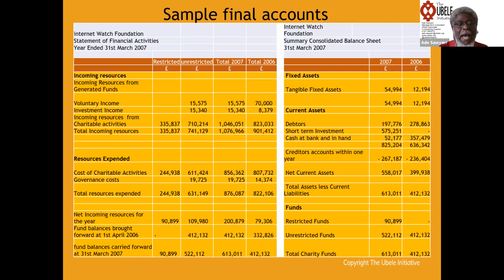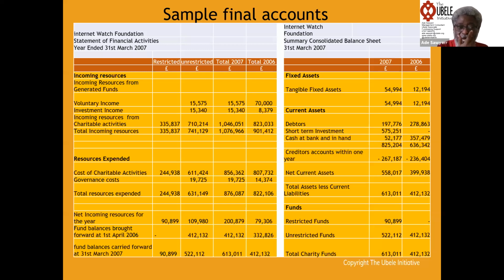Fabricio has said that you'll be asked to submit your accounts from the past. And really, this is just to show simple final accounts for most organizations, okay? On the left side is your income and expenditure account, so to speak, where you have incoming resources, which is made up of voluntary income, investment income, and several other grants or contracts from charitable activities, which gives you the total incoming resources.